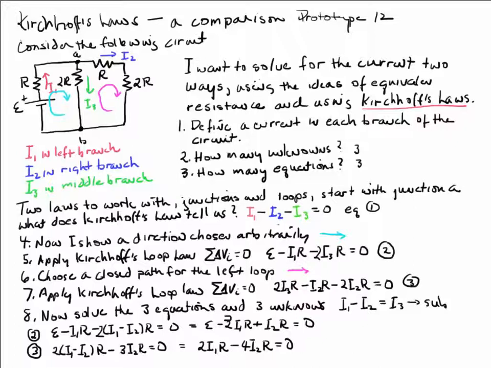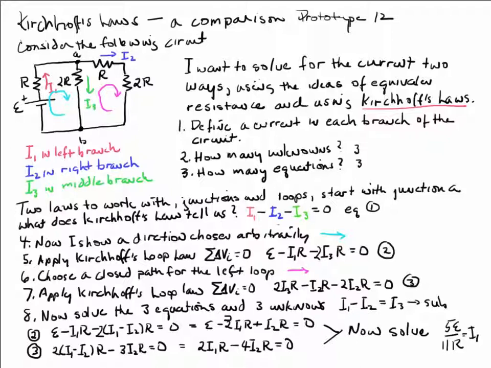And if we work with equation 3, we have 2 times I1 minus I2 times R minus 3I2R, and that can be reduced to 2I1R minus 4I2R. Now we have 2 equations and 2 unknowns to solve for, the equation 2 and 3.